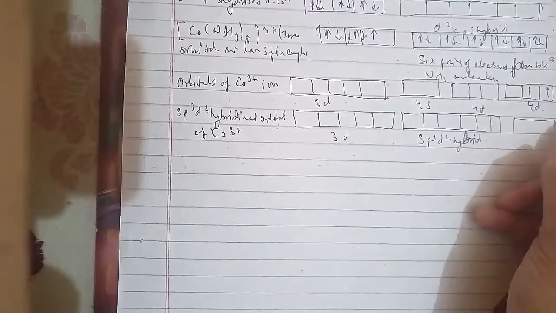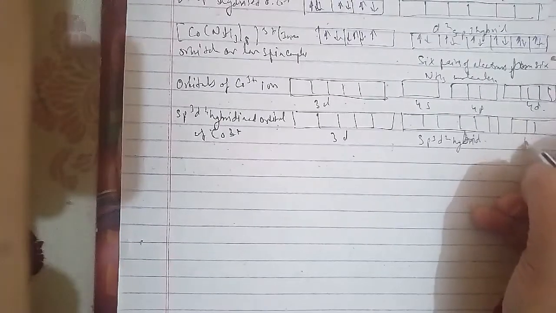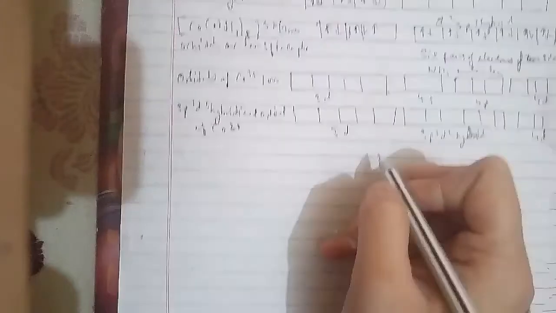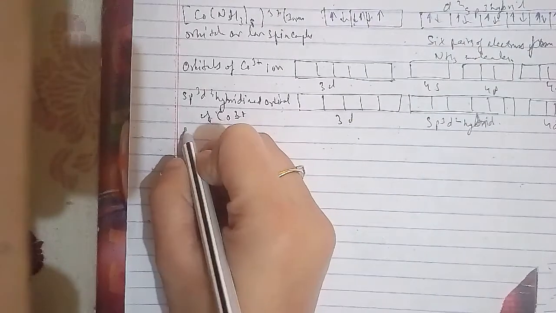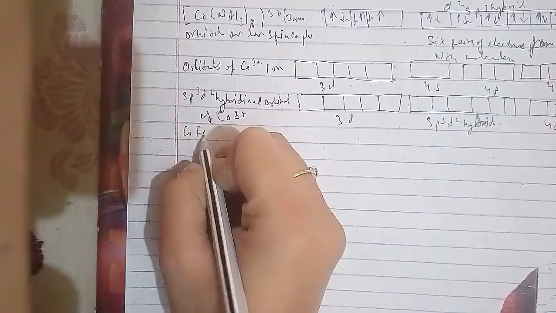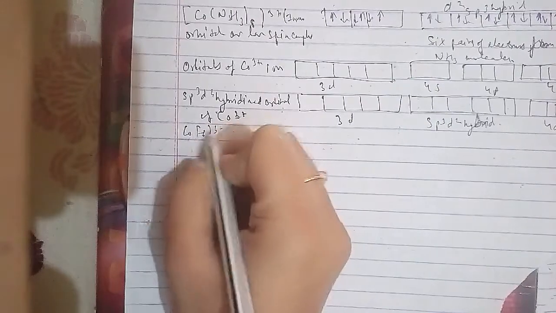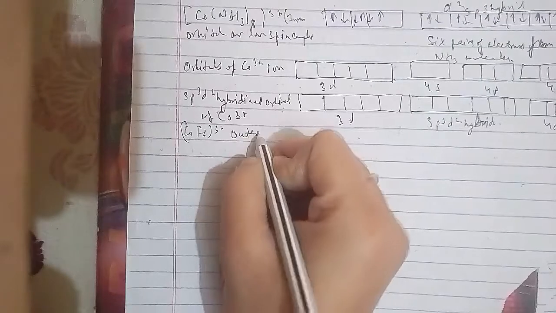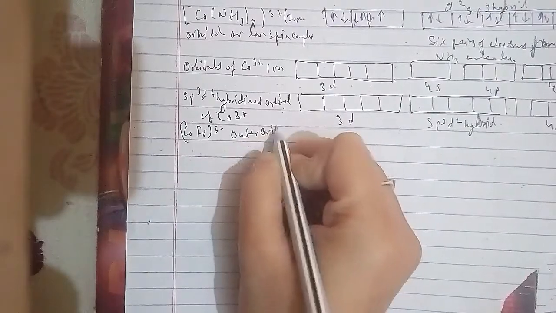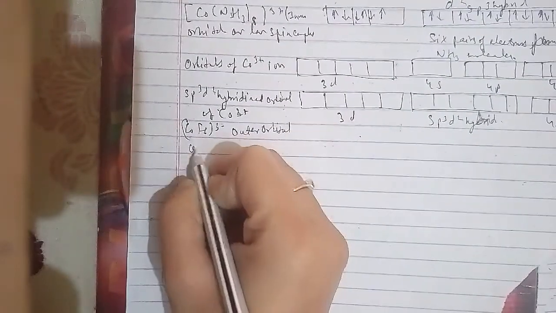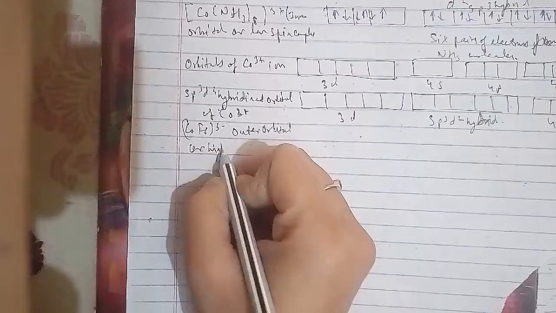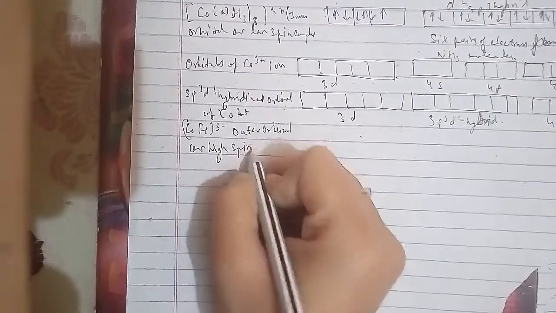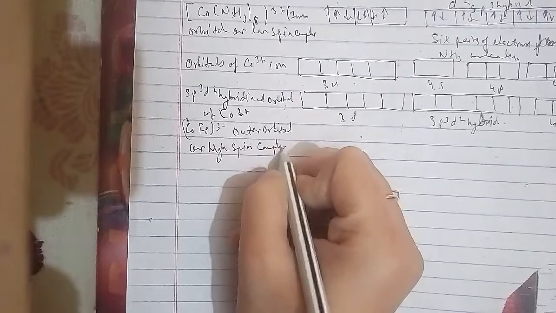This is 4d. Here it is your CoF6 3-, that is, we have your outer orbital or high spin complex. This is being represented here.